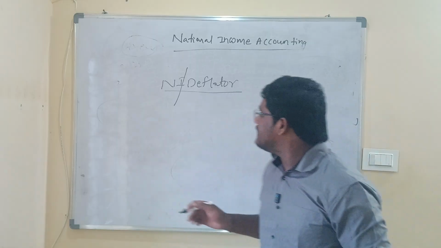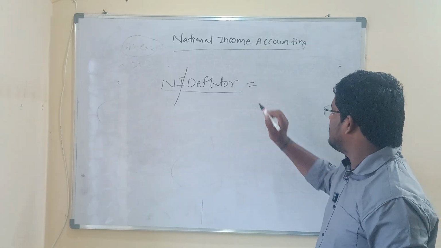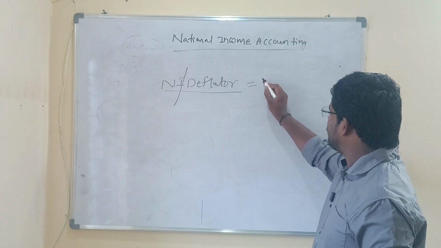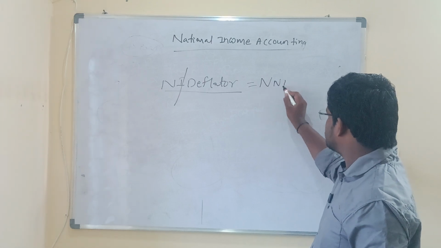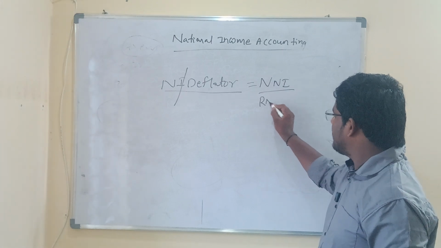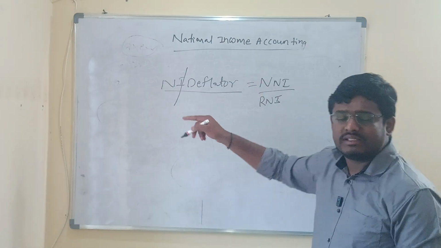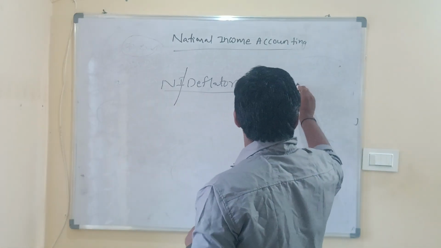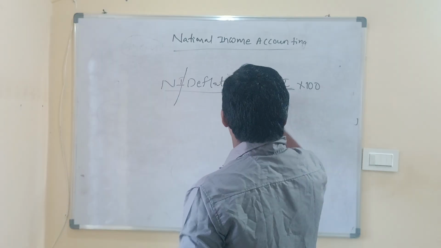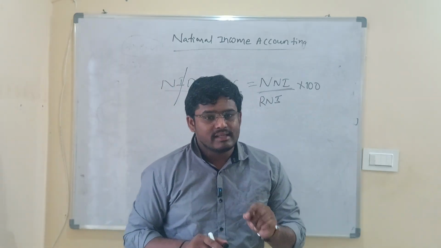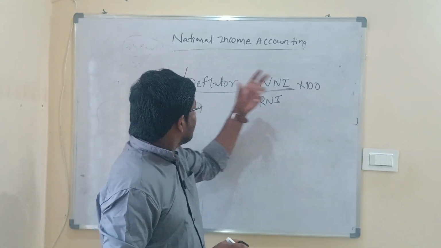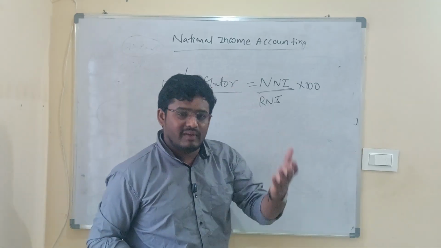The concept is the same. What is national income deflator? National income deflator can be derived by the formula of nominal national income by real national income, and if we want to express it in terms of percentages, then we multiply with 100. So nominal national income by real national income multiplied by 100 gives us the national income deflator.